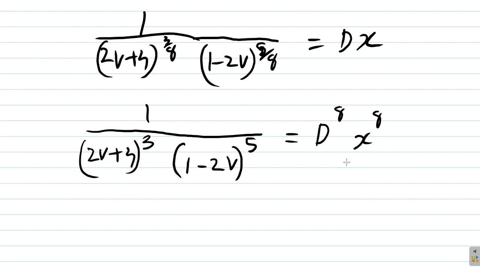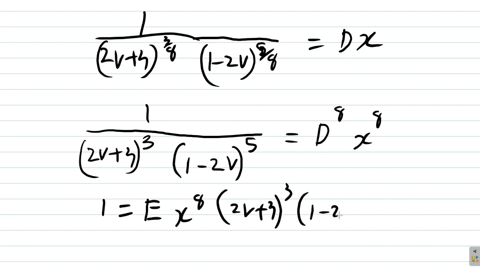Now, suppose you multiply both sides by (2v + 3) and (1 - 2v). You would have 1 equal d to the 8. Well, d to the 8 is just another constant, so let's call it, say, e. E x to the 8, (2v + 3) cubed, (1 - 2v) to the 5th.